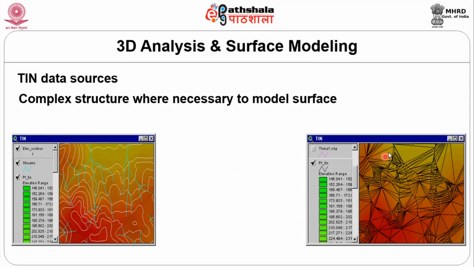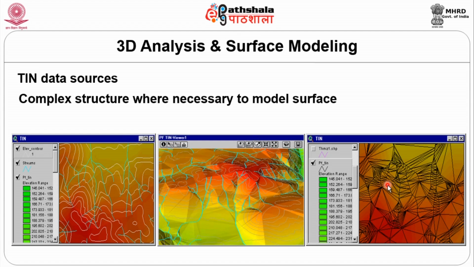Well, coming back to this, we find that this particular entire area, entire zone, is divided into n number of triangles. The total area is divided into triangles, and that is actually used as one of the inputs for TIN generation. You can see here when I just zoom into that area.